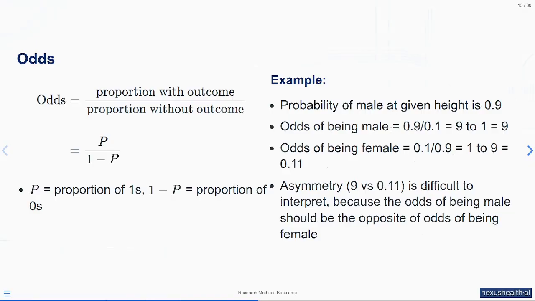However, when we look at these odds, we see that there's an asymmetry here, because 9 versus 0.11 is difficult to interpret. Ideally, the odds of being male should be the opposite of the odds of being female, but this is not the case, as we can see.